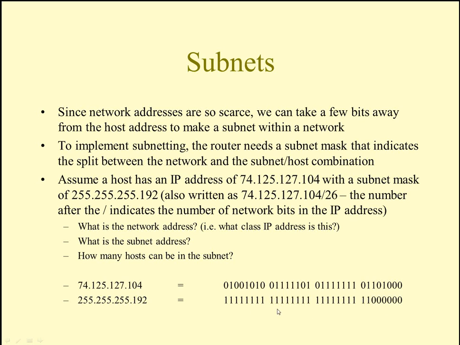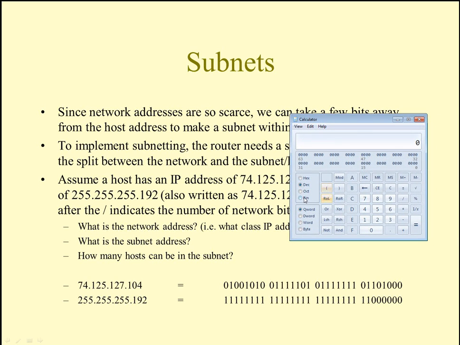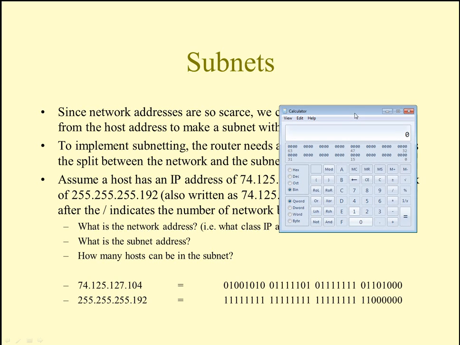So our subnet is going to be the first octet, which is 74, the second octet, which is 125, the third octet, which is 127, and then followed here we're going to have 0, 1, followed by all zeros. Well, to figure out what that is, I'm going to cheat here a little bit and grab our handy-dandy calculator.